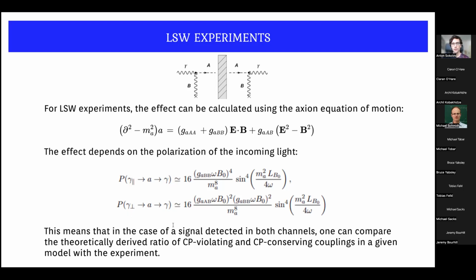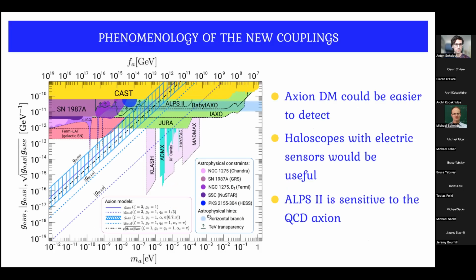But AB coupling can also give a contribution from the photon which is polarized perpendicular to the magnetic field. So if we detect the dominant BB contribution and then perform more sensitive light shining through wall experiments, we can also probe AB coupling and the CP violation.